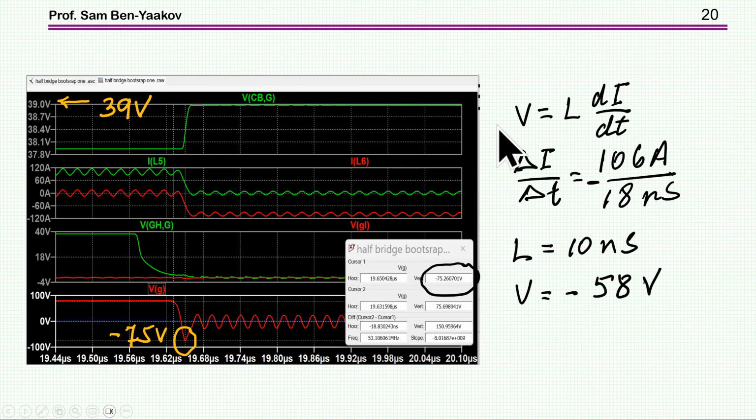So now V is L times the IDT, and the IDT is this number. L is the total now of 10 nanohenry. And I'm finding that this should be minus 58 volt, the negative voltage. I see here a much higher voltage, it's 75 actually.